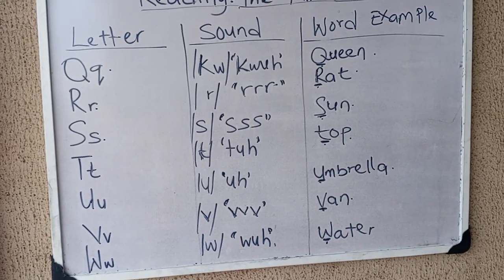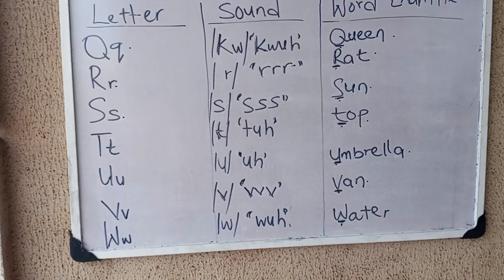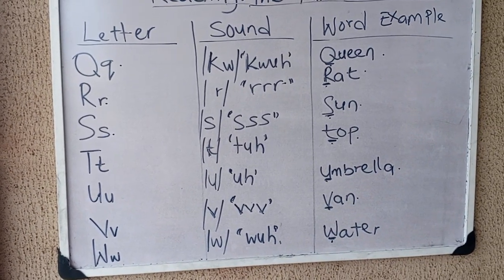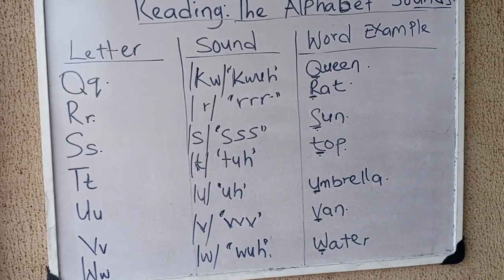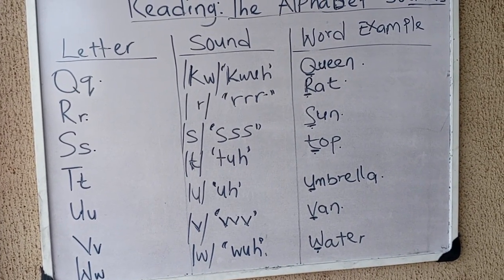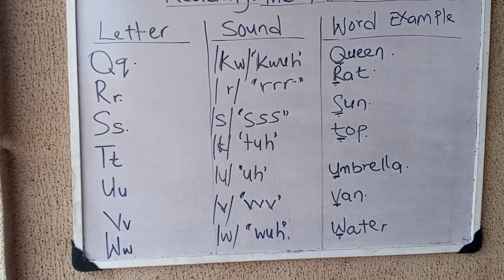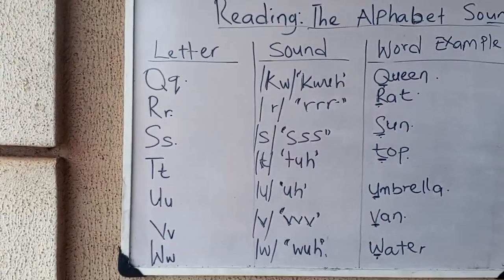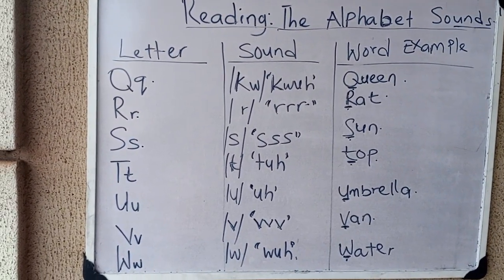All right? You can see it's underlined also. The sound t is underlined. Good. All right. We'll move on to the next letter.